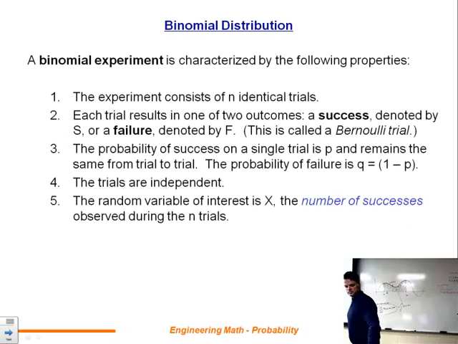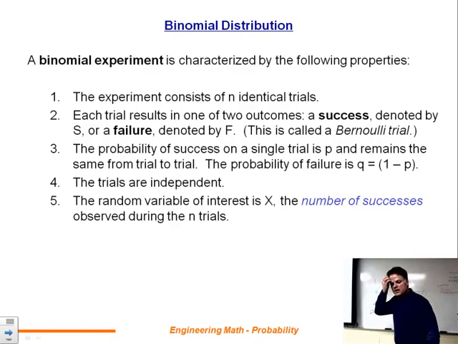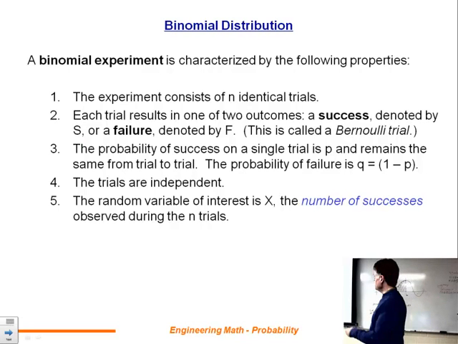All right, so a binomial experiment is characterized by the following properties. This is a type of random experiment. The random experiment consists of n identical trials.